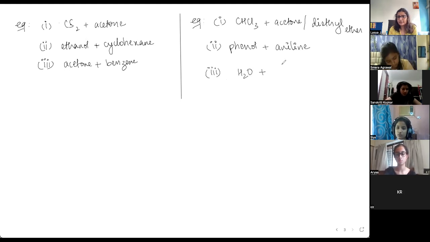H2O plus nitric acid. Nitric acid is given, but generally any acid-based solutions show negative deviation. Yeah. Few examples, just in case you may be asked to give examples of positively deviating or negatively deviating solutions. Or you may be given one of these and asked, okay, what would you expect?